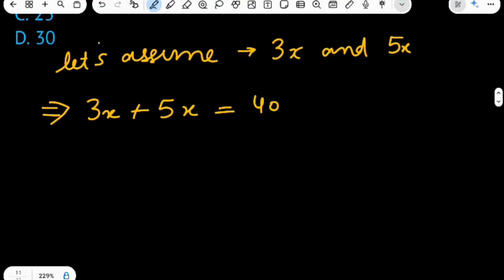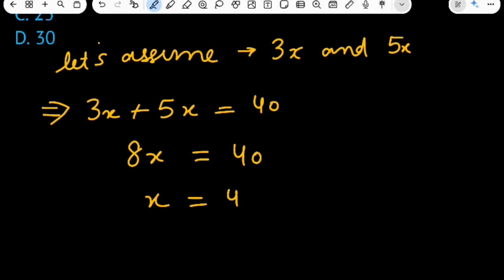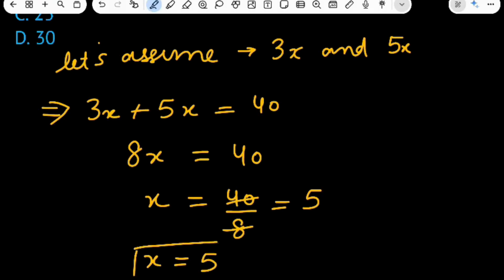Simply adding, 3x plus 5x gives 8x, and on the right-hand side the sum is 40. Now getting the x value by dividing 40 by 8, we get x as 5, right?